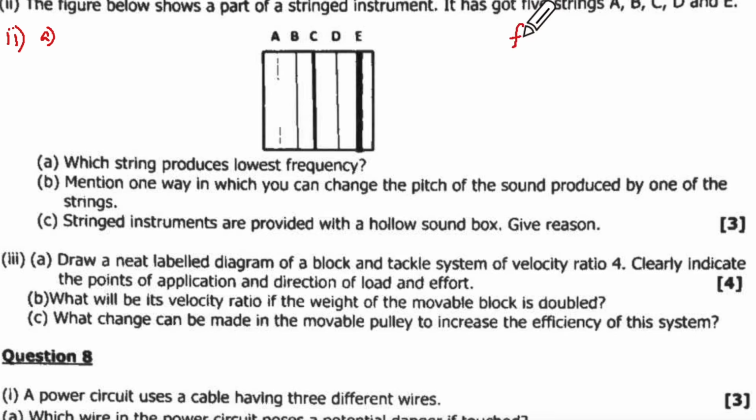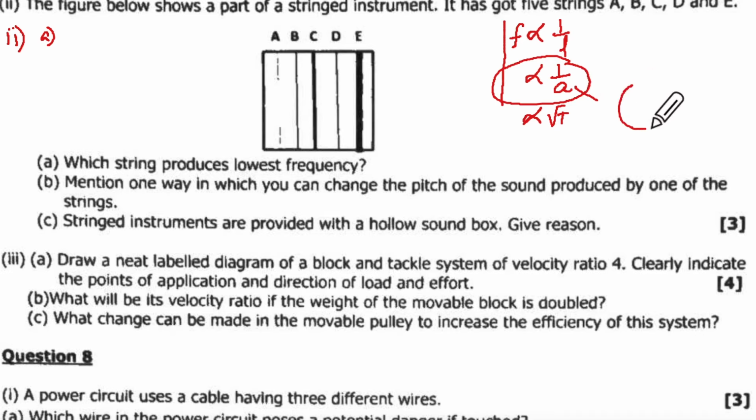So frequency of the stringed instrument, your thinking step is: F is inversely proportional to the length, inversely proportional to the area of cross section, and directly proportional to the root of tension. Now this is what we have to think. Area of cross section, if it is big, that means it is a thicker wire.